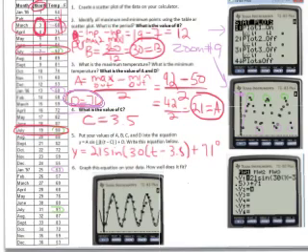And A is the amplitude, which gives you the change in temperature. If we add 21 to D, we get 92 degrees, so that's our high. If we subtract 21 from 71, we get 50, which is our low temperature for winter. So the amplitude says you add 21 to the median to get the high, and subtract 21 to get the low.